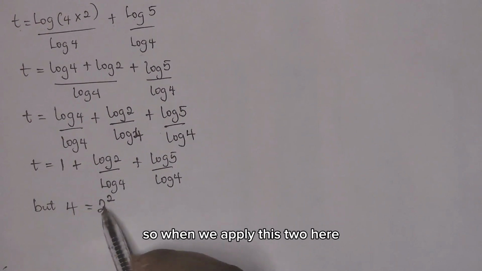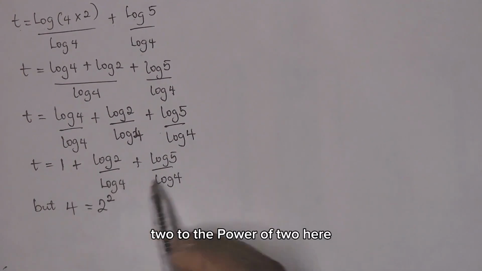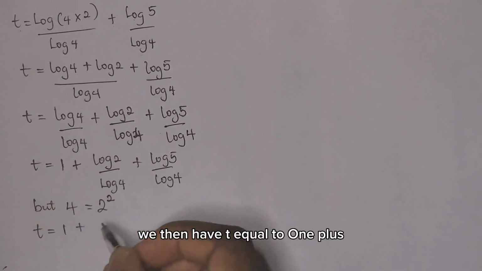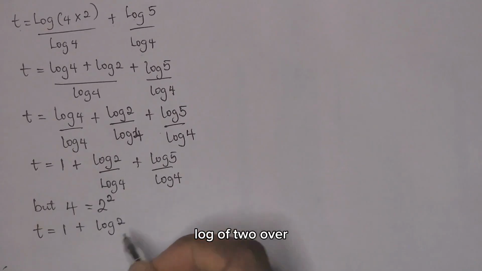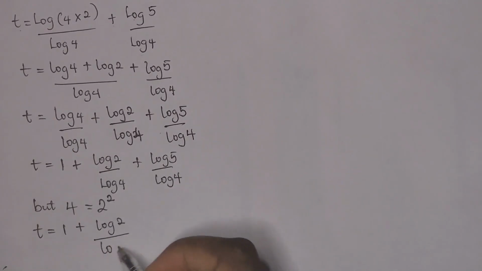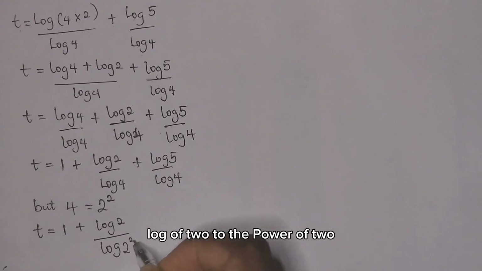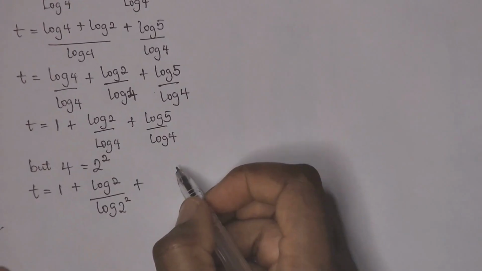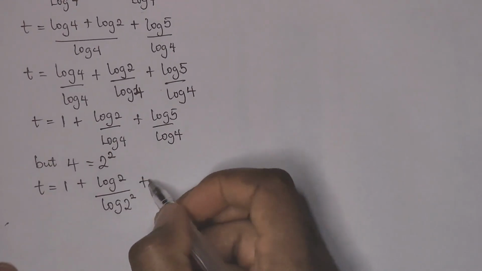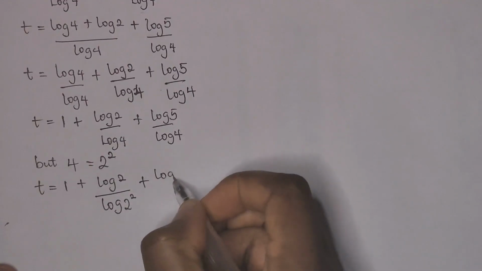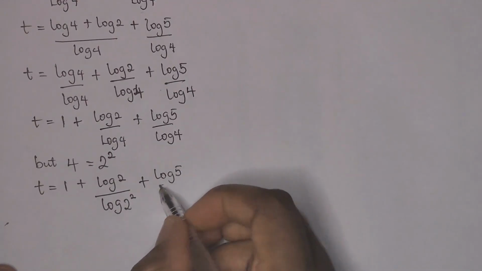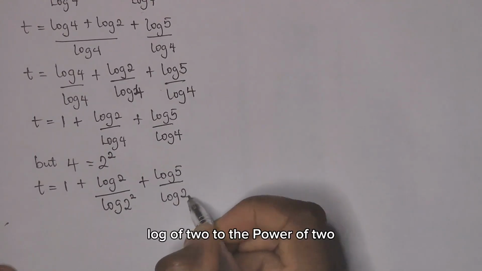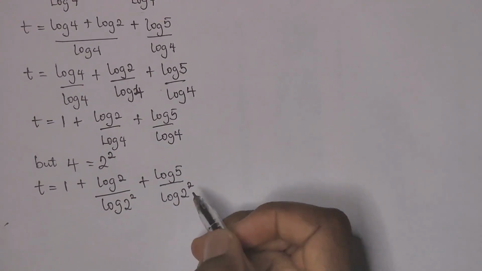When we apply this, we have t equal to 1 plus log of 2 over log of 2 to the power of 2 plus log of 5 all over log of 2 to the power of 2.